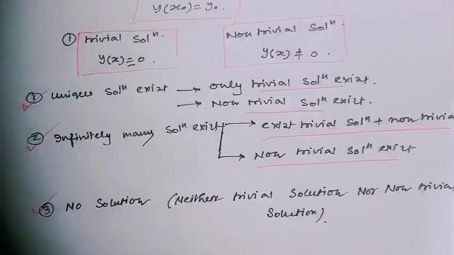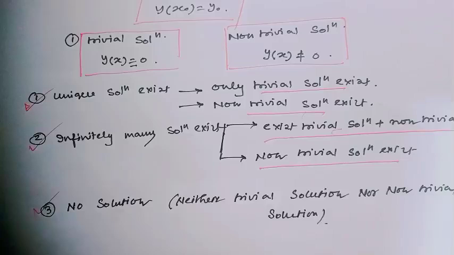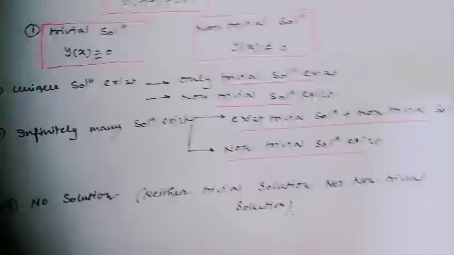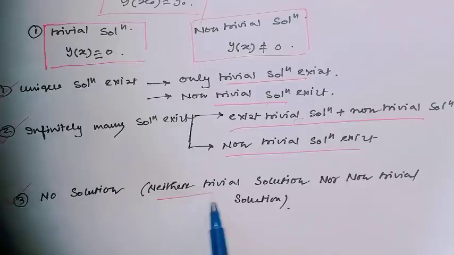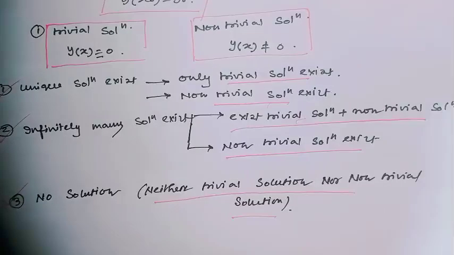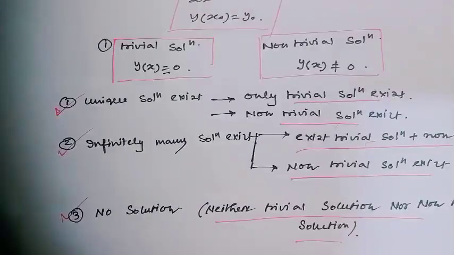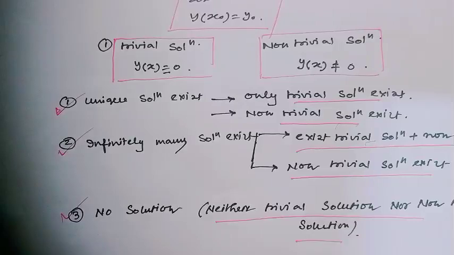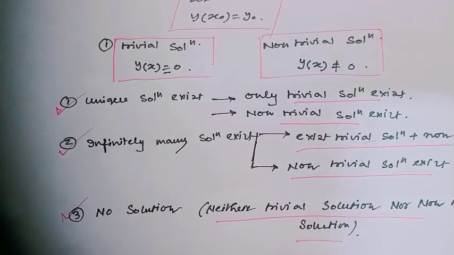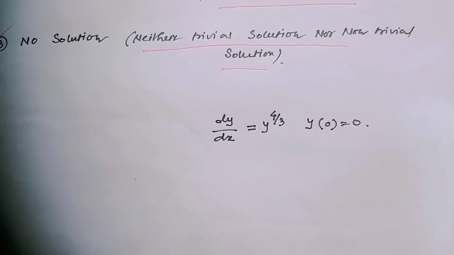Third, no solution. What is no solution? No solution means neither a trivial solution nor a non-trivial solution. This is the no solution case. That means solutions can be of three types: one, unique solution; second, infinitely many solutions; third, no solution.